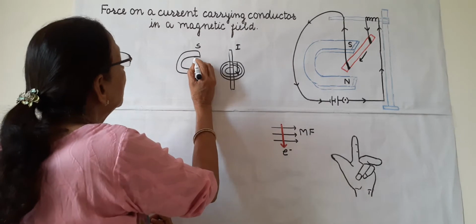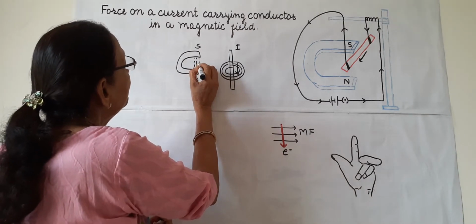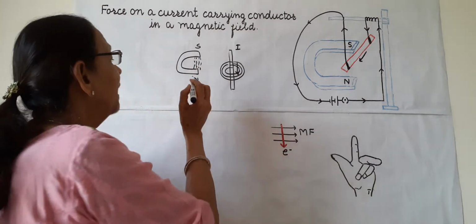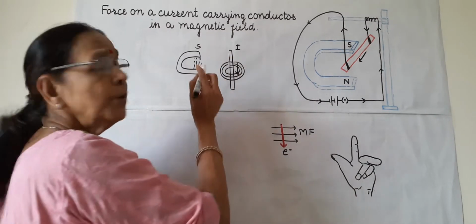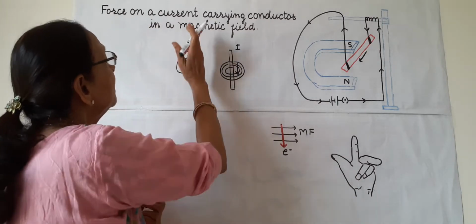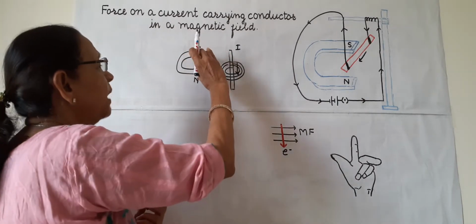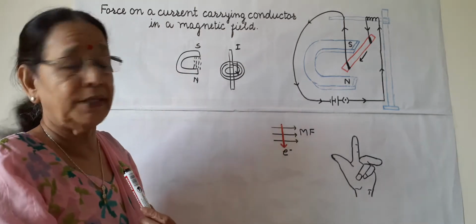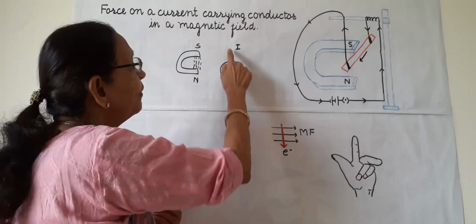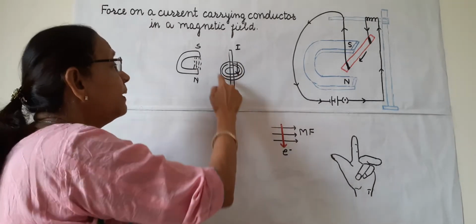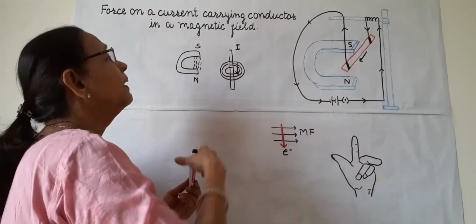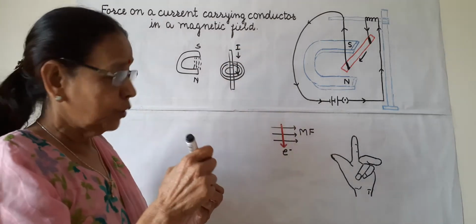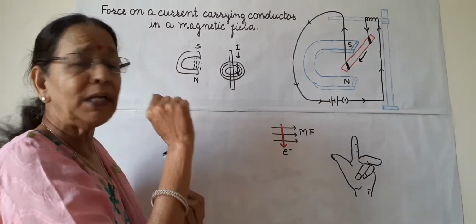The magnetic field between the two poles of this horseshoe shaped magnet is from north to south. This is the magnetic field of this magnet. This is the magnetic field of this conductor. It is produced only when the current is passed in this conductor. So both have a magnetic field.